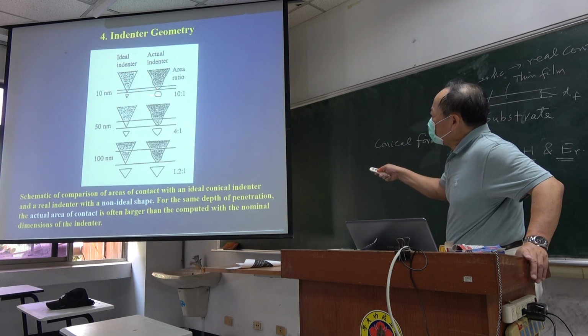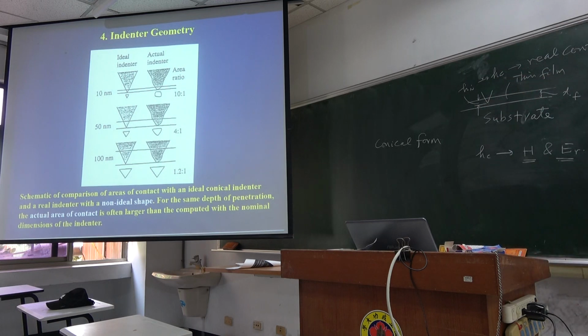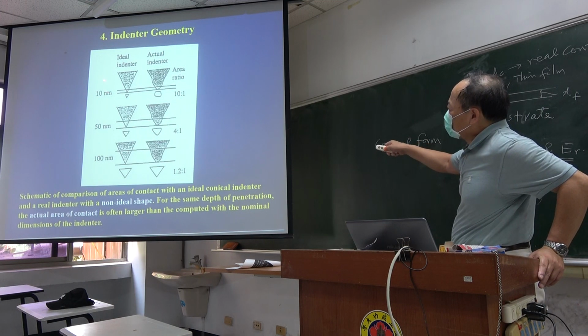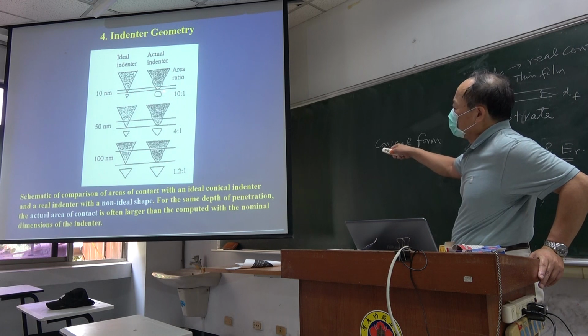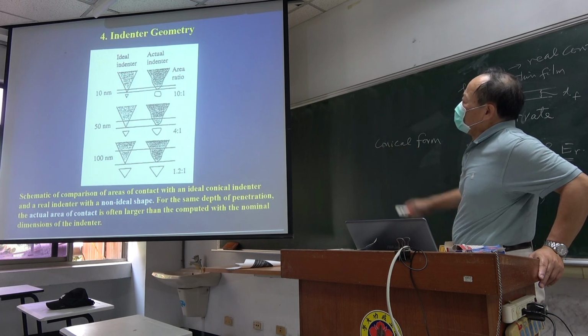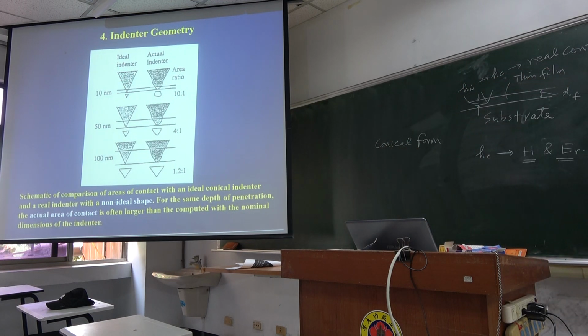You'll find that these two areas have a big difference. At the 10 nanometer depth, the area ratio is 10 to 1. It means that the area created by the actual indenter is much larger than that of the ideal indenter.